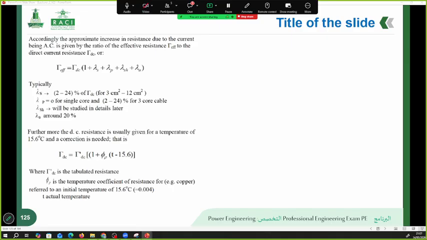Typically, the skin effect contributes between 2% and 24% depending on the conductor size, while the proximity effect is negligible for single core cables, but can reach similar levels in three core cables. Shield losses are more complex and are analyzed separately, whereas additional losses are often around 20%.